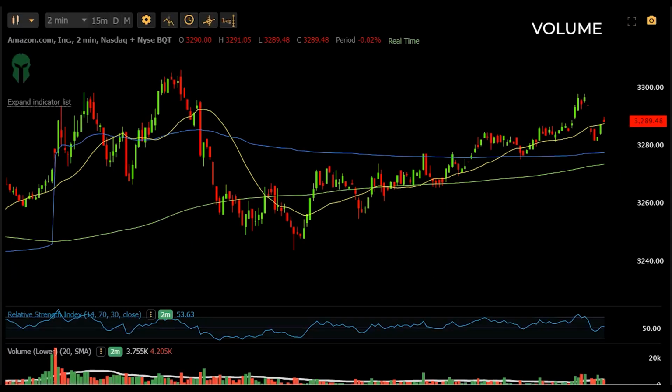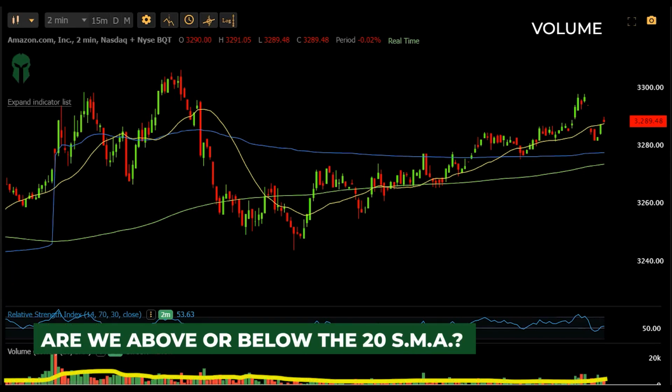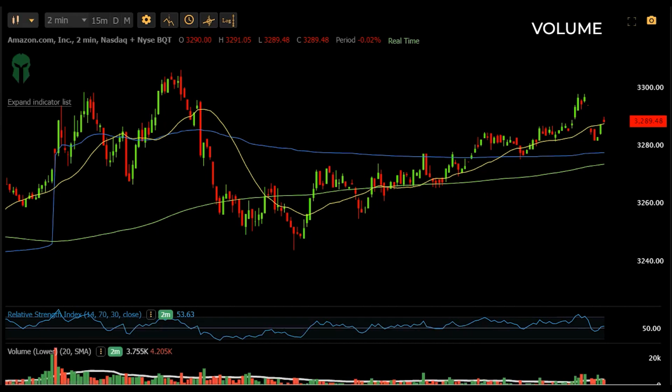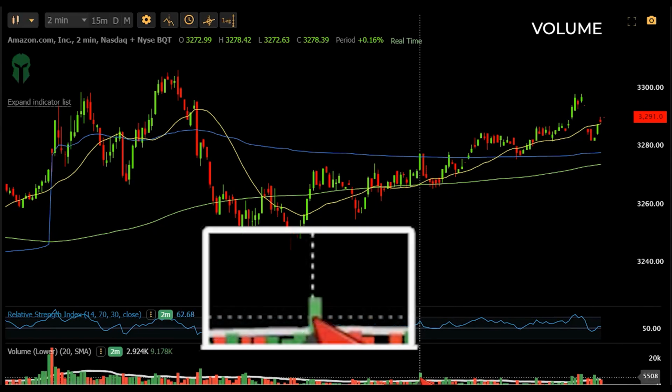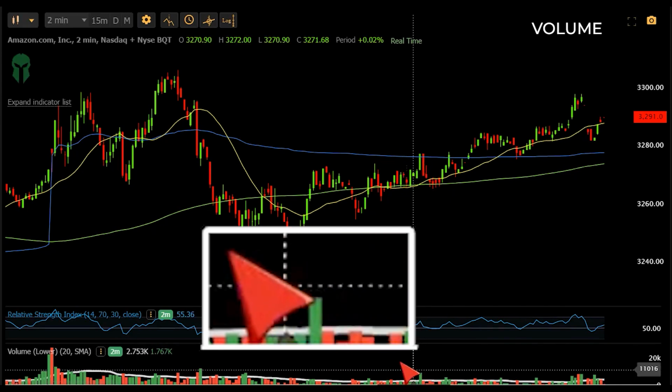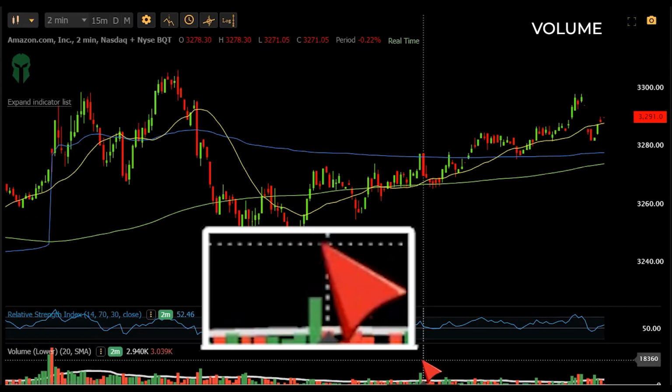Volume. Are we above the 20 SMA or are we below the 20 SMA when we enter? So on the long side or the buy side, we want to make sure that we have above average volume when we buy. If we have that above average volume, we're going to see us get another point in our ranking system.